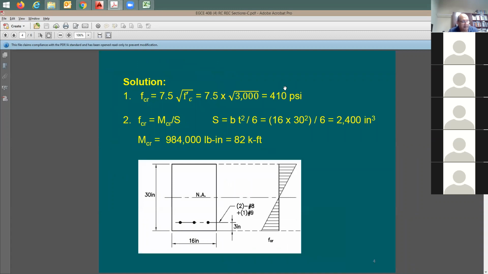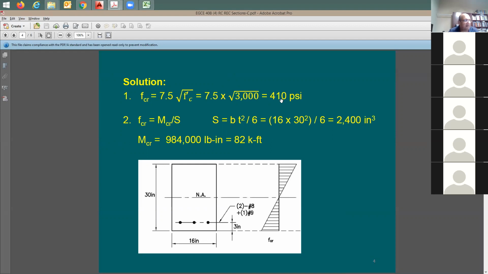Okay, here is the cracking stress. F sub CR is 7.5 square root of 3,000. I can say square root of 3 and then divide the whole thing by 1,000. And for that, the tensile stress or the cracking stress is going to be equal to 410 psi. All right. How about the cracking moment?